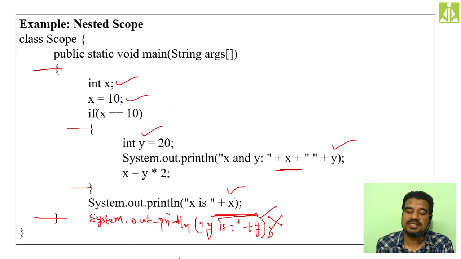Accessing this y is an error, because this y is declared within the inner scope, and I'm trying to access that y inside the outer scope, so definitely you will get an error over here. That's the reason I did not put this statement over here. So if you try the code from here to here and execute this program, you will get the output without any issues, without the inclusion of this particular statement. And if you include this statement, you will get an error that y is undefined.